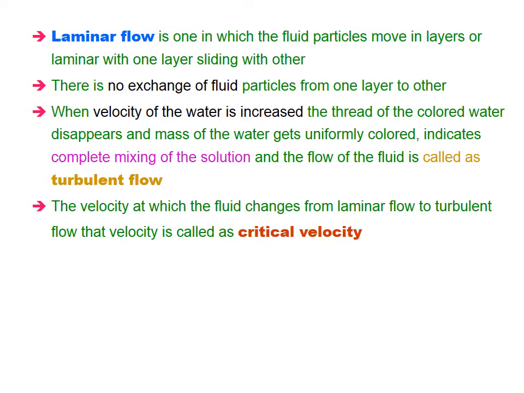When the velocity of water is increased, the moving fluid particles move here and there, haphazardly, and then the mass of the water gets uniformly colored and the total color of the liquid changes.